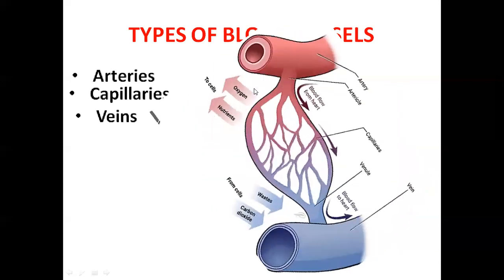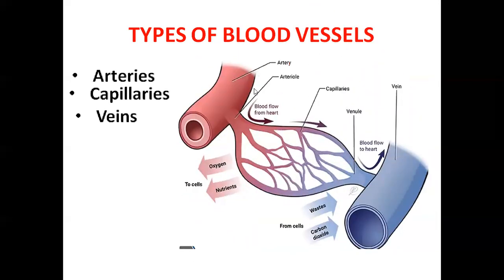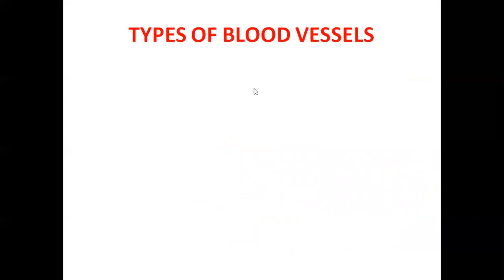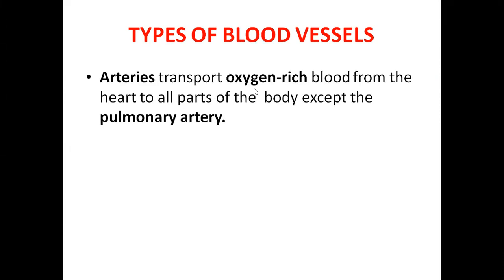So let's look at a little bit more of the blood vessels. The arteries transport oxygen-rich blood from the heart to all parts of the body, except the pulmonary artery.